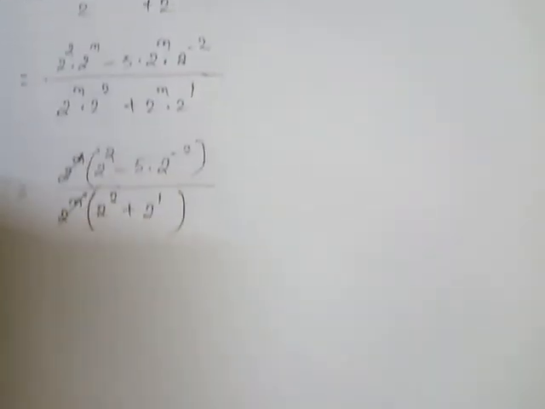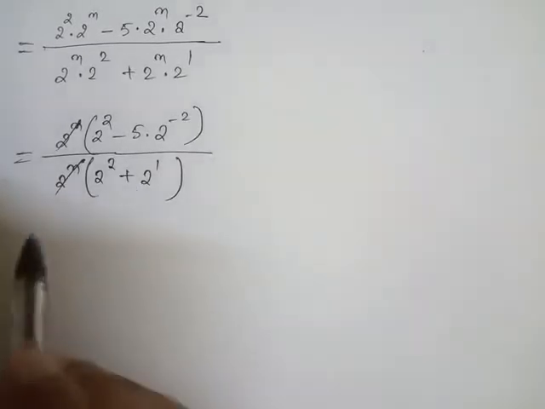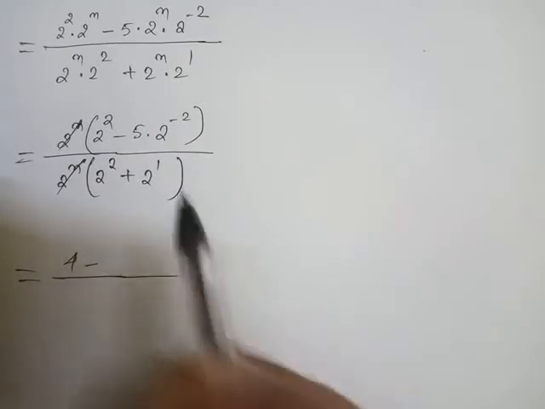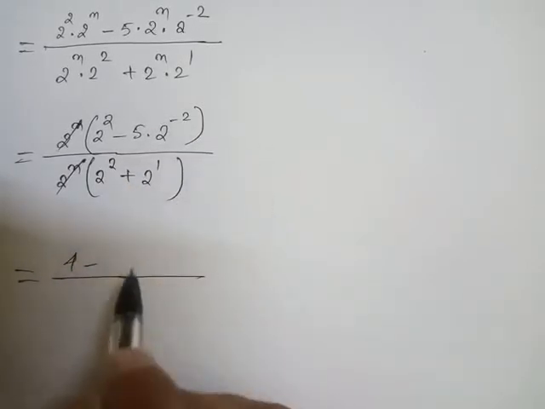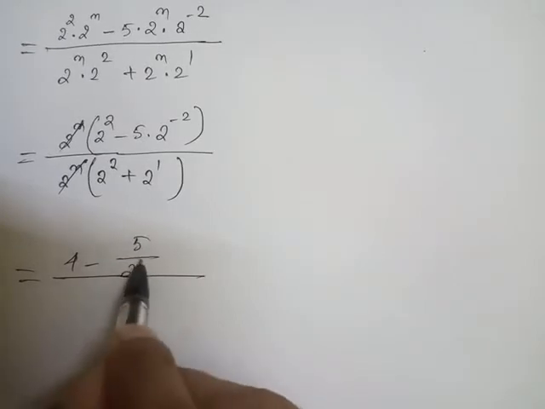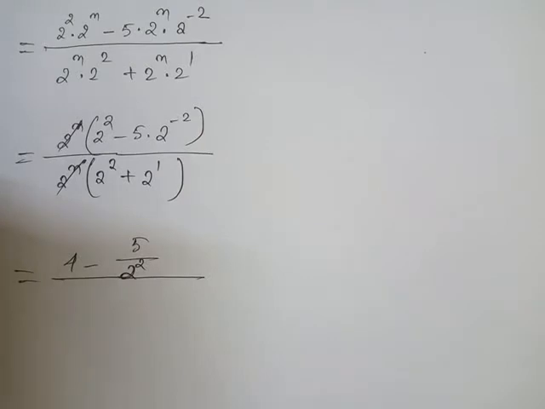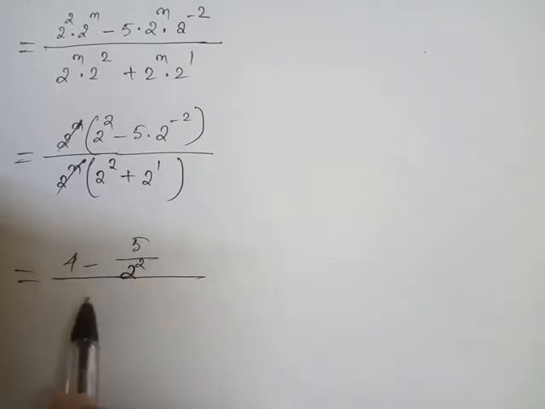In the next step I can change the value. Now this 2 square is 4 minus 5, and this value can be written like 5 by 2 square. Here I am using the formula that a to the power minus n equals 1 by a to the power n. And there is 2 square, 2 square is 4 and 2 to the power 1 is 2.